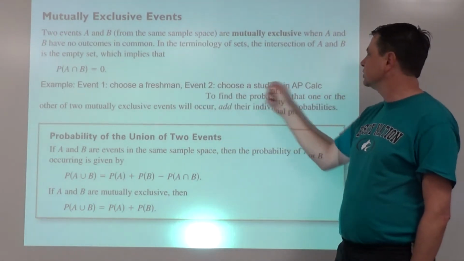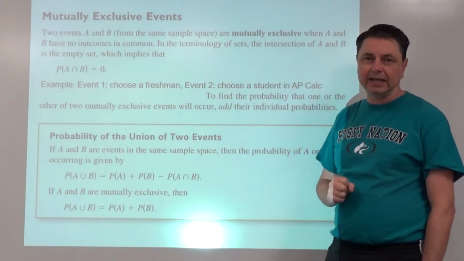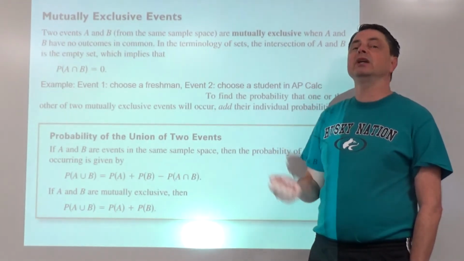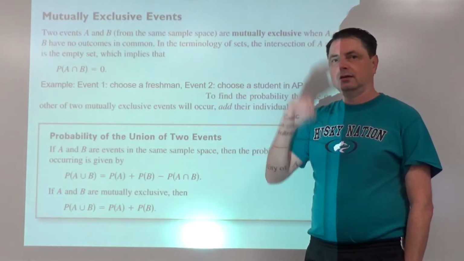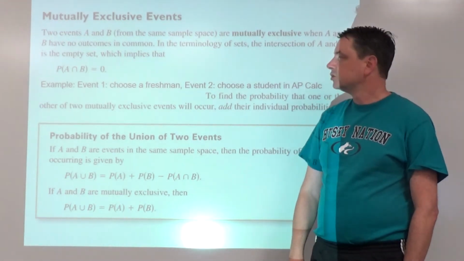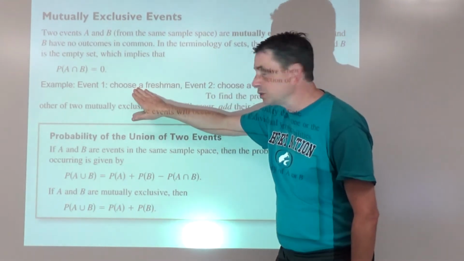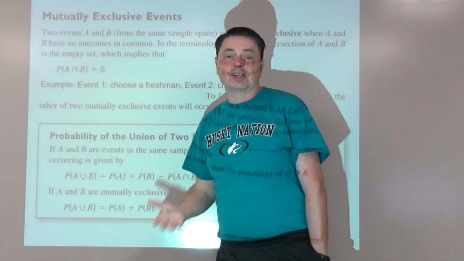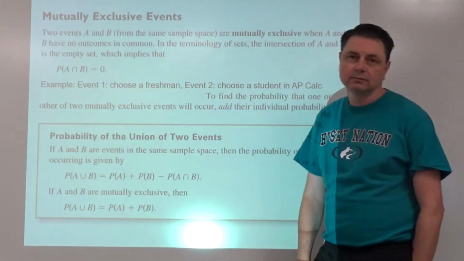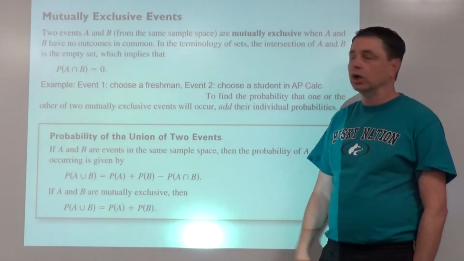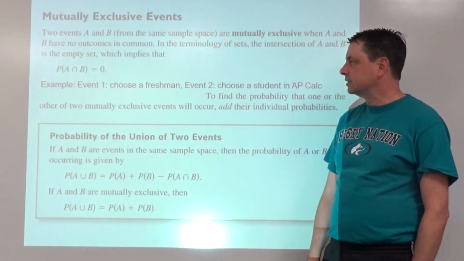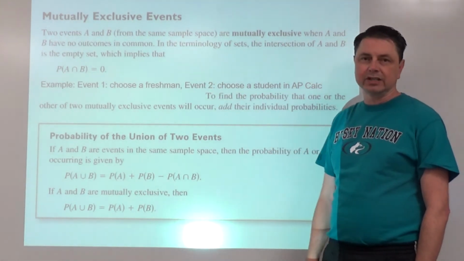Event 2, choose a student that's in AP Calculus. So I would say most years in that AP Calculus class, there are no freshmen. So there's no student that's a freshman and here. So the overlap, the intersection, there isn't any. Okay? No Sheldon Coopers, if you're a Big Bang Theory fan, that's taking AP Calculus as a freshman.